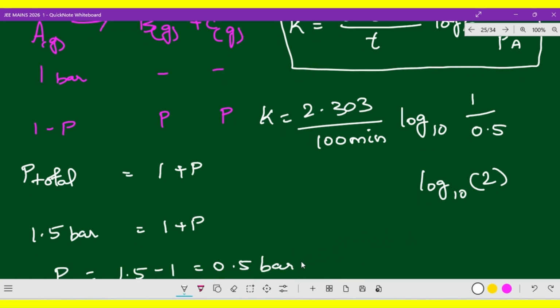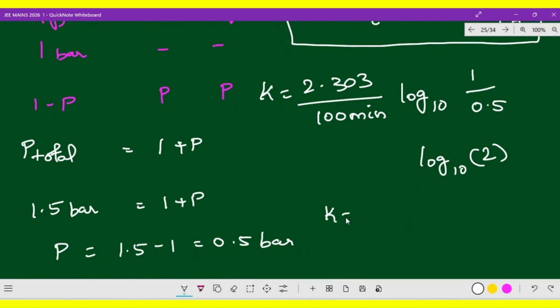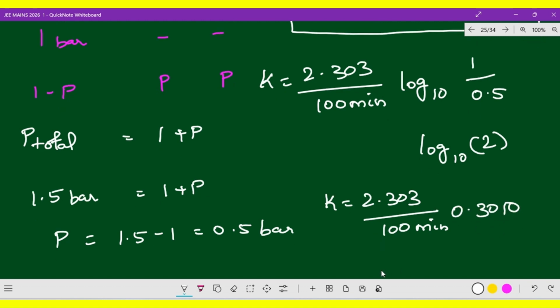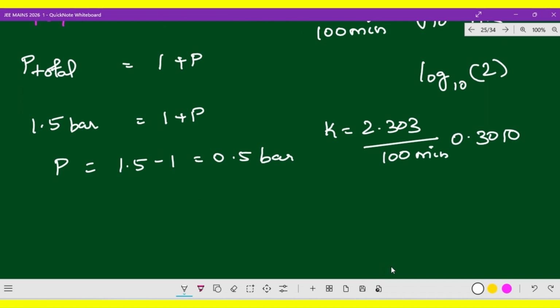So K equals 2.303 divided by 100 minutes, log 2 is 0.3010. When you calculate this, you will be getting 0.00693 minutes inverse.